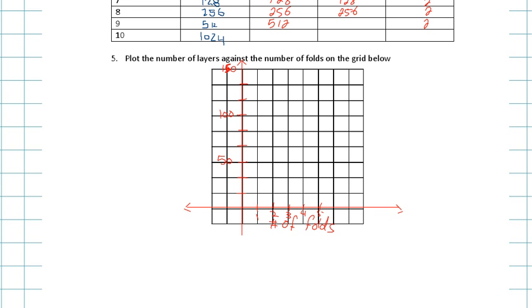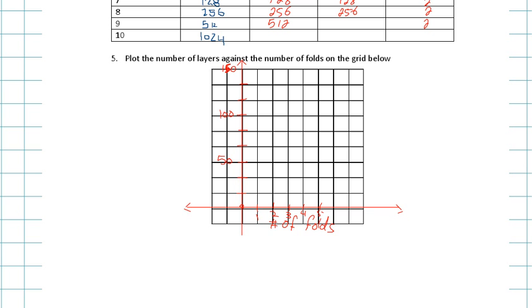For 0 folds, obviously, I have 1. If you have no folds, you have 1 face, so it's going to be very close to the 0 because I'm going up by 50. If I have 1 fold, I have 2.